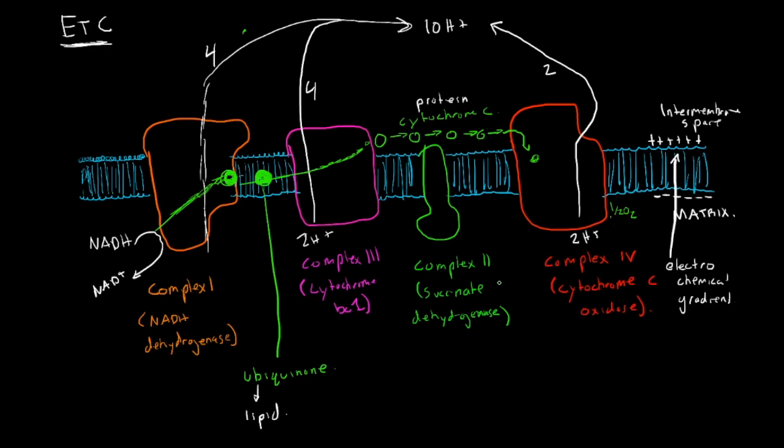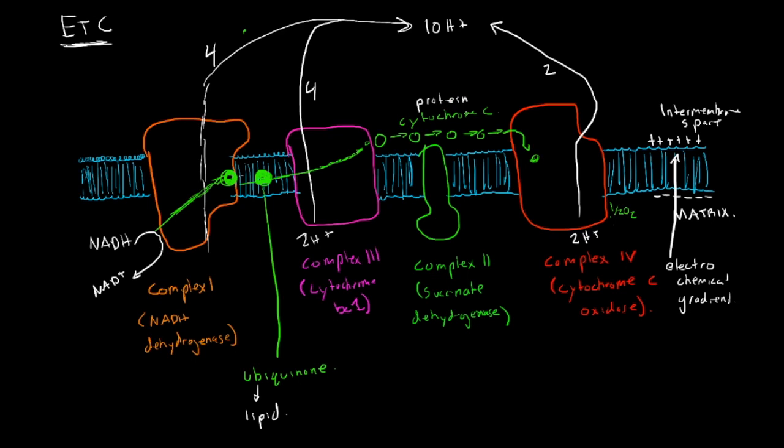So this adds up to our 10 hydrogens up here. And that's how many hydrogens you get per NADH molecule that comes in. And if we remember, we have 10 NADHs that are possibly coming in, so that could be 100 hydrogen ions or protons that we are getting in each one of these electron transport chains.